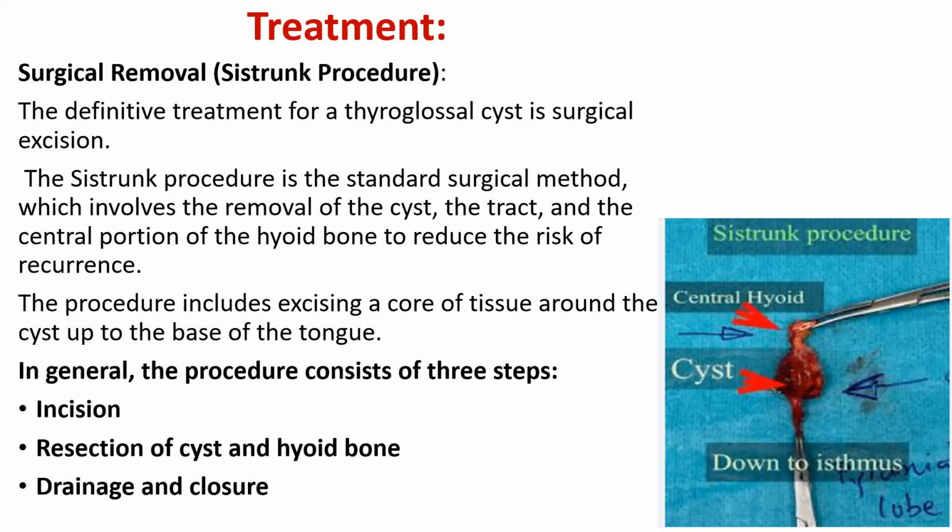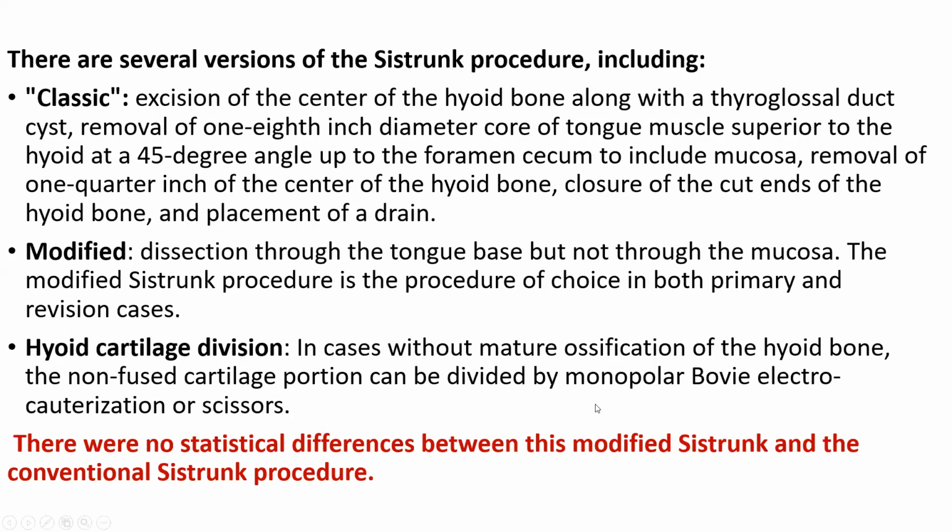In general, the procedure consists of 3 steps: incision, dissection of the cyst and hyoid bone, and drainage and closure. As we saw on the right, there are several versions of the cyst procedure, and they include the classic, which looks a little more invasive.